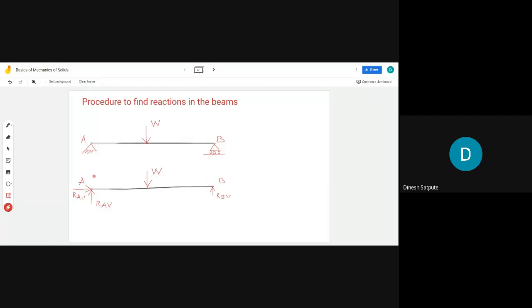So for a beam, no horizontal reaction acts because there is no force in horizontal direction. Only forces acting in vertical directions are there, whose direction is opposite to the applied force and whose magnitude is equal to the applied force. The addition of forces going in upward direction will be equal to the addition of forces going in downward direction.